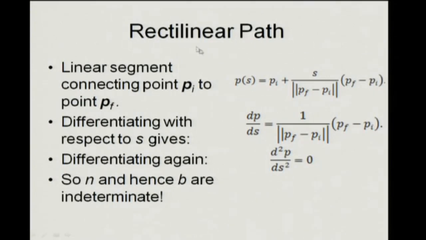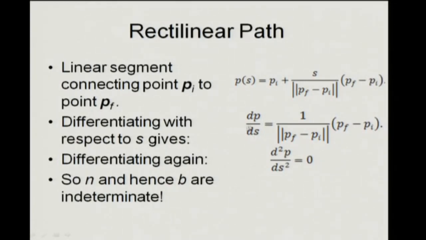So we come to rectilinear paths. We have a linear segment. This is the parameterization of it: P of s is equal to Pi plus s times (Pf minus Pi) divided by the norm of that, the length of that vector, parameterized by this s. This is dP upon ds, and d square P upon ds square is equal to 0.